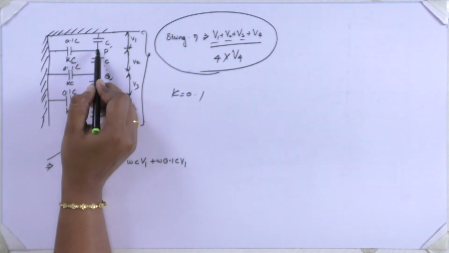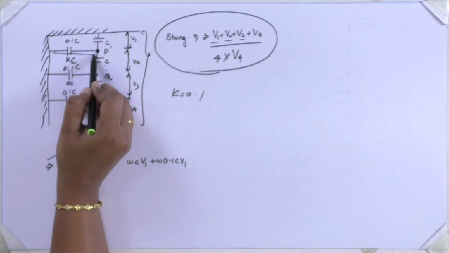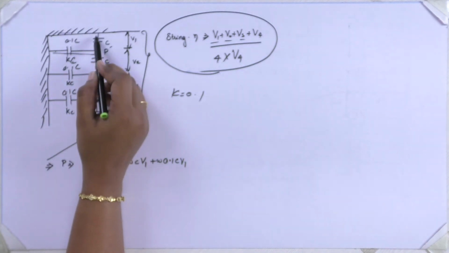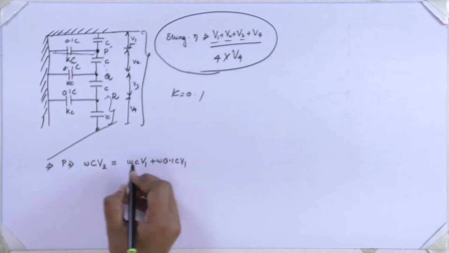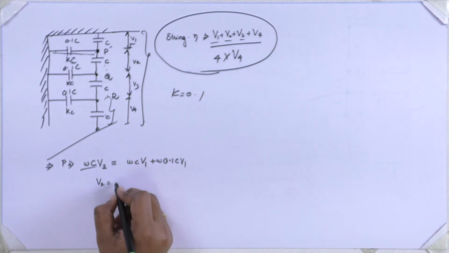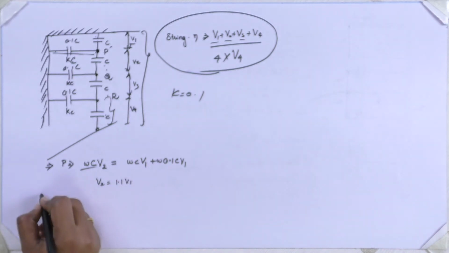For this voltage, I have to add the sum of the voltages above the insulator, which here is V1. Simplifying this, omega C can be cancelled, and V2 is equal to 1.1 V1.